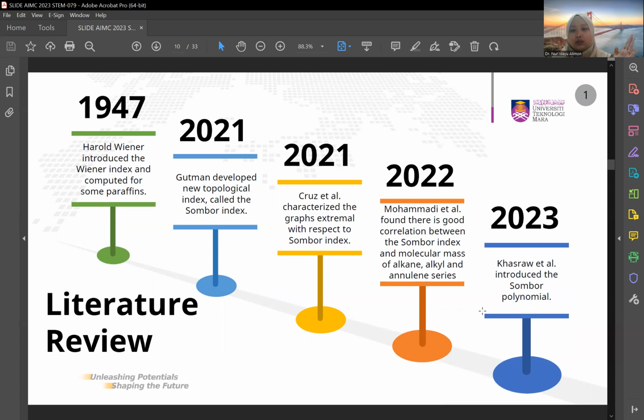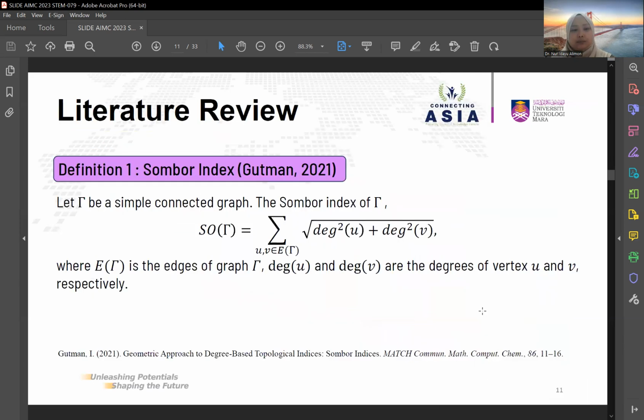Cruz et al. characterized the graph's extremum with respect to the Sombor index. In 2022, Mohammadi et al. found there is good correlation between the Sombor index and molecular mass of alkene and aniline series. In 2023, Kashif et al. introduced the Sombor polynomials. The Sombor polynomials are an extension of the Sombor index.